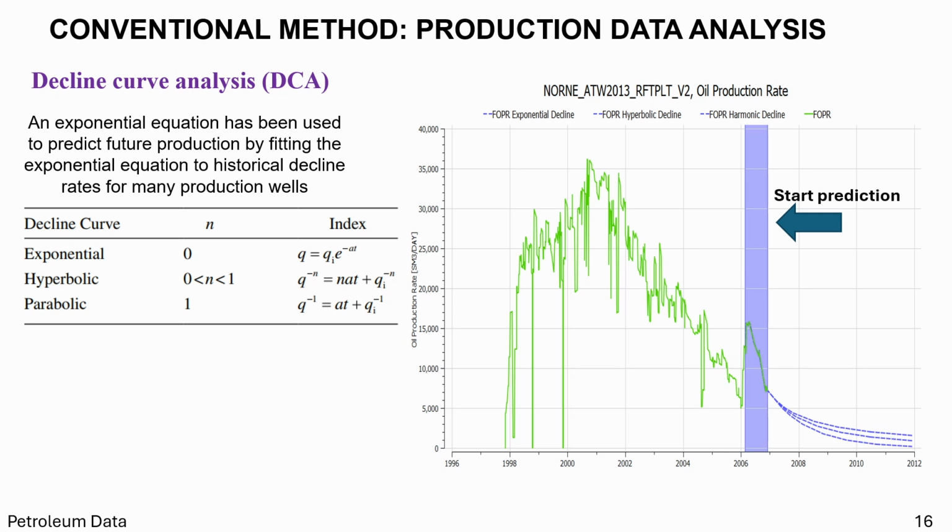If a company overestimates future production, it may overbuild infrastructure or make poor investment decisions. If it underestimates production, it may miss value. So even a simple decline equation can have major financial consequences.